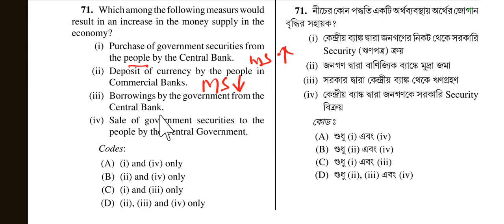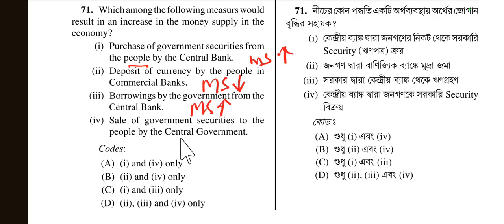Then borrowing by the government from the central bank. If the government borrows from the central bank, then money supply rises, because the government invests it in productive activities. So money supply rises.